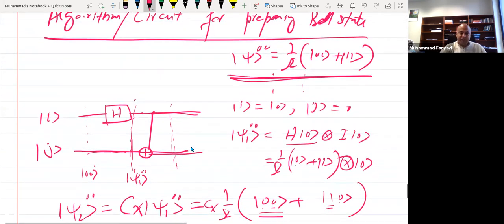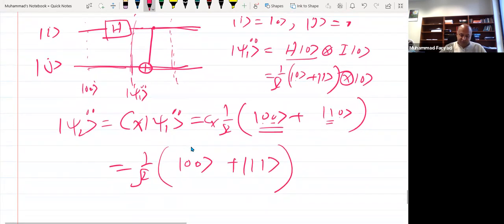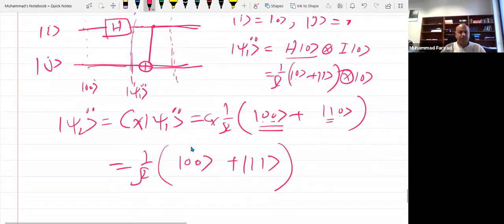So what we did with this circuit, we started from the unentangled state 0 0, and by applying the Hadamard and doing a conditional X gate on the second qubit with respect to the first one, we arrived at the entangled state. And now you can see how the entanglement is being generated. If your control bit is in a superposition state, as it was the case here, this was the superposition state that we were able to prepare after performing Hadamard on 0 state.